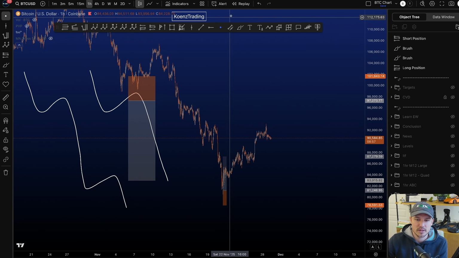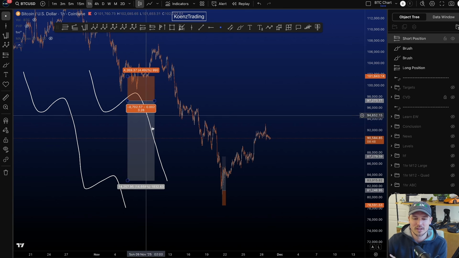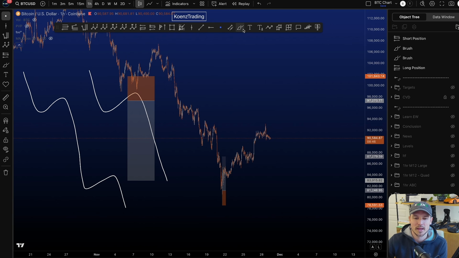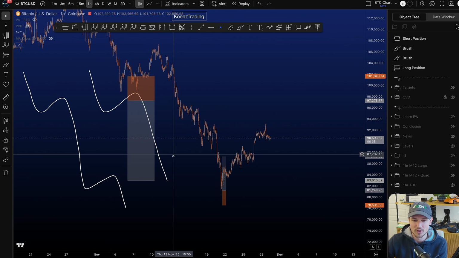But this is always a great area to exit because you'll be surprised that it happens relatively often that you get a nice sharp move to the downside and then it stops, people think about an impulse, then it's an ABC and price reverses, and all your paper profits are gone.